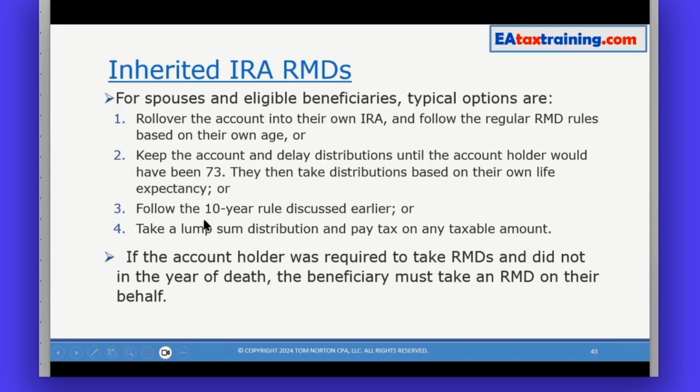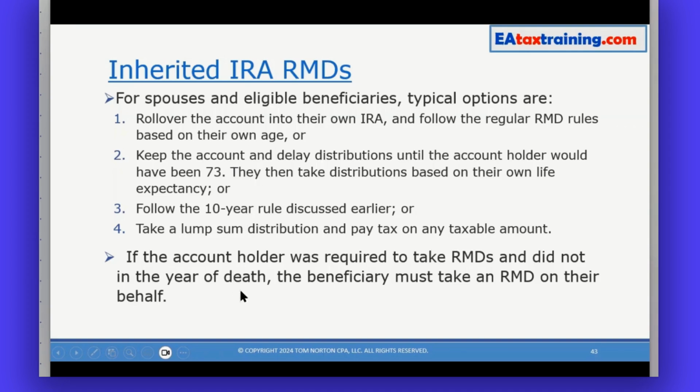So again, the exact subtleties and nuances are going to be a little different depending on if it's a spouse, depending on if it's an eligible beneficiary, depending on if it's before or after the original account holder was required to take RMDs. But it gives you a sampling, a flavor of the types of options that people will have for their RMDs in those circumstances.